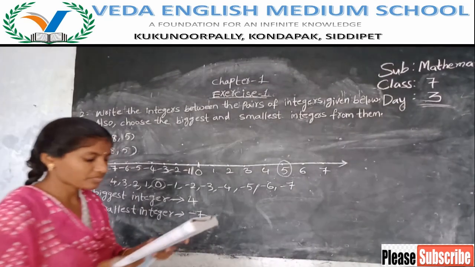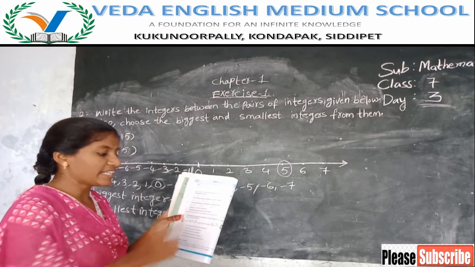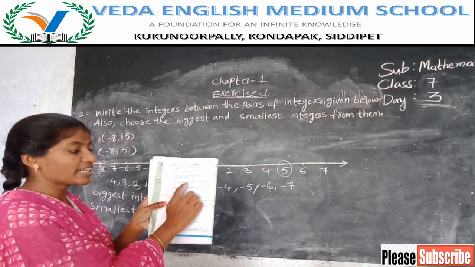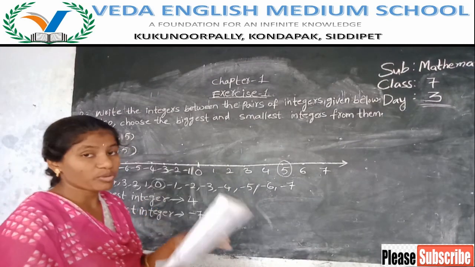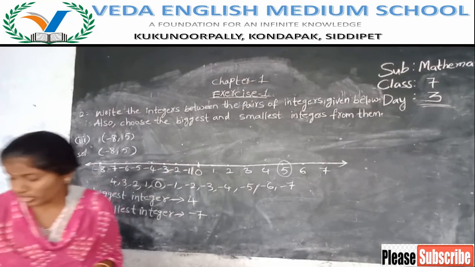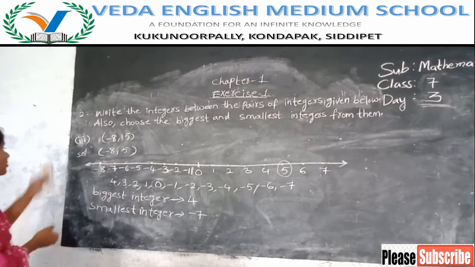Now the third bit. Write the following integers in ascending order, smallest to biggest.